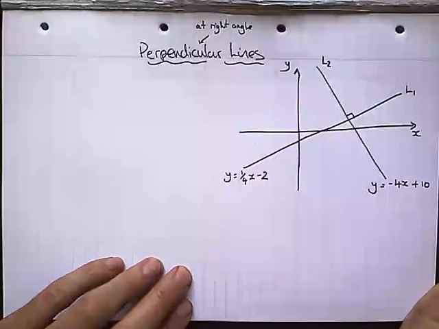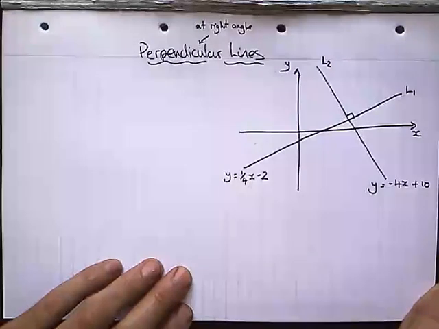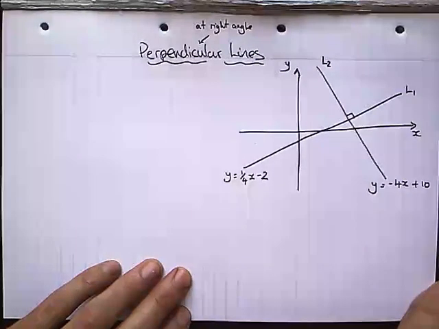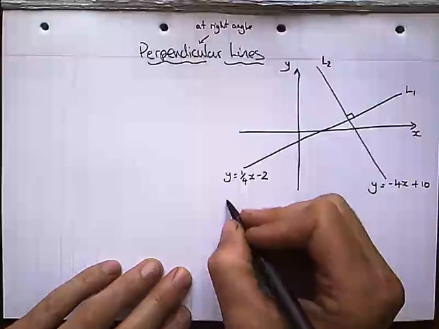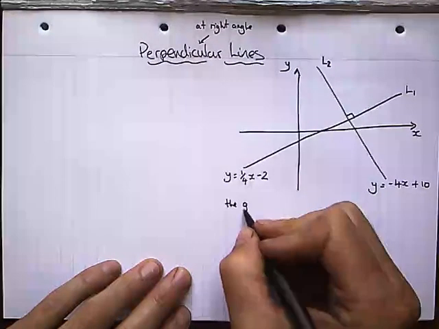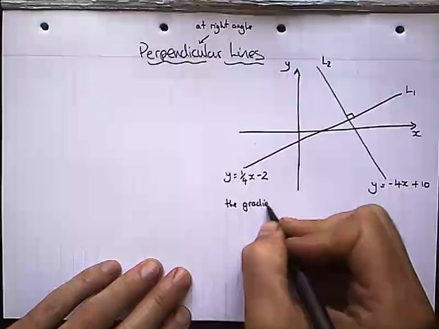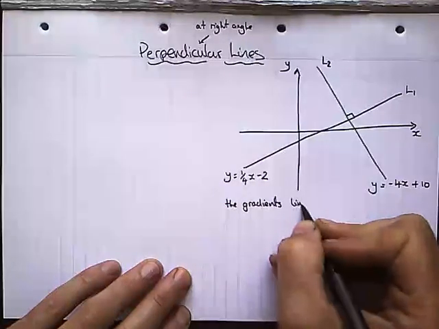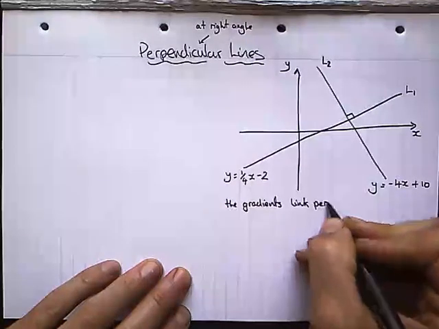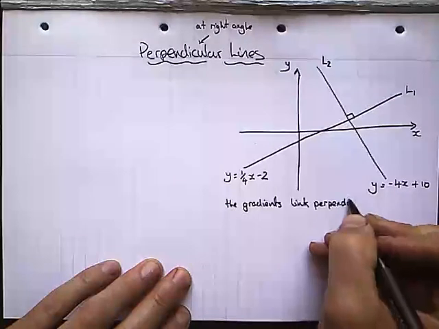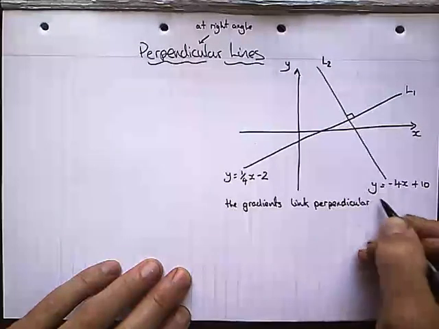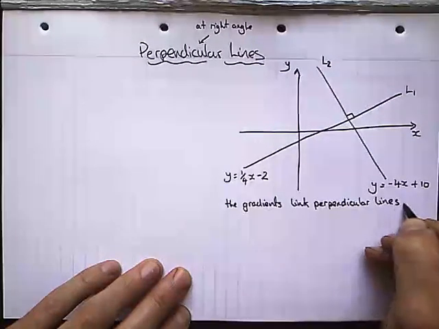Right, what's the link between perpendicular lines? That is the question. There is always a link between perpendicular lines, and it's all to do with the gradient. The gradients link perpendicular lines. But how?